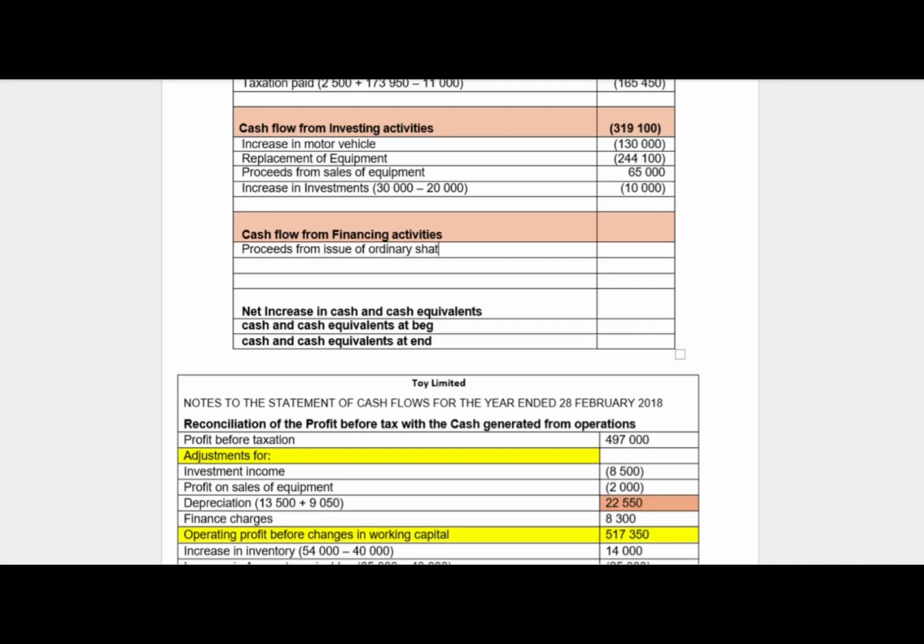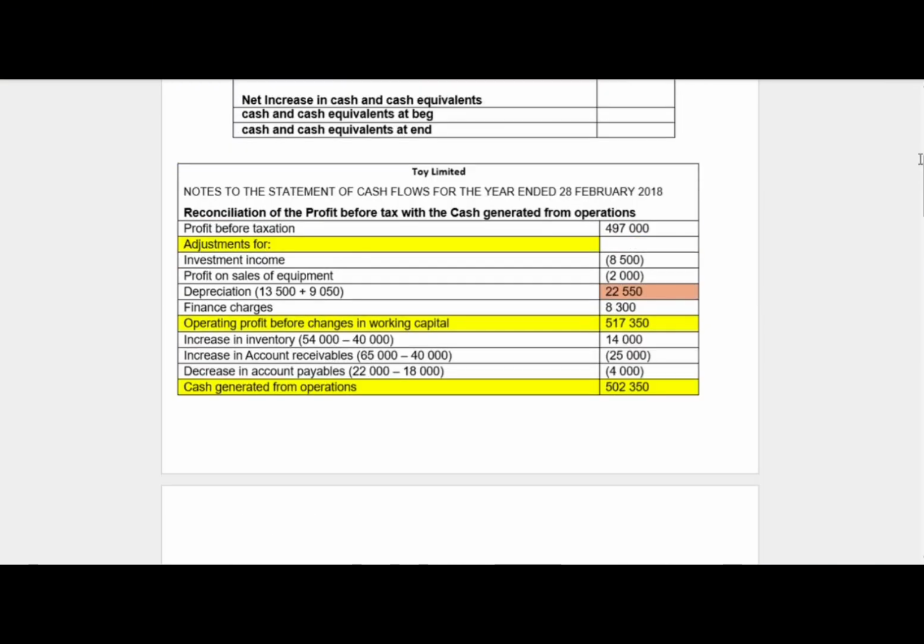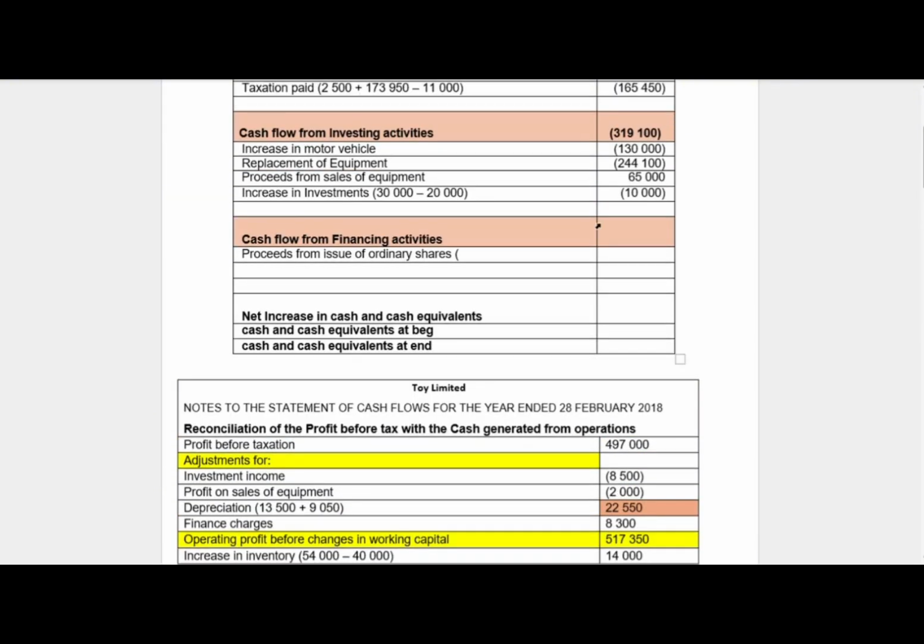Issue of shares or ordinary shares, no problem. And then open brackets, they increased from 320,123 minus 260,000.